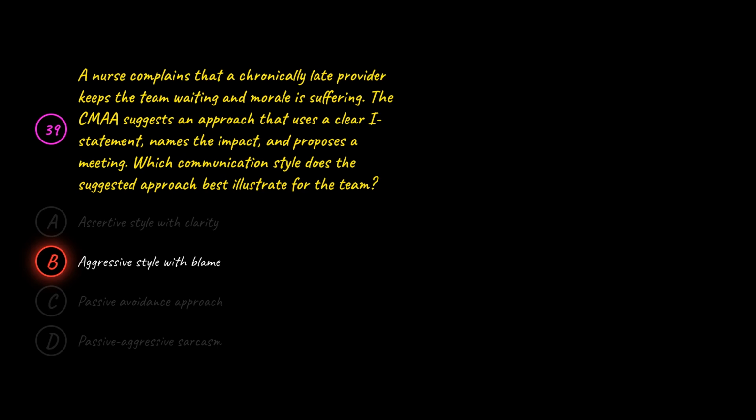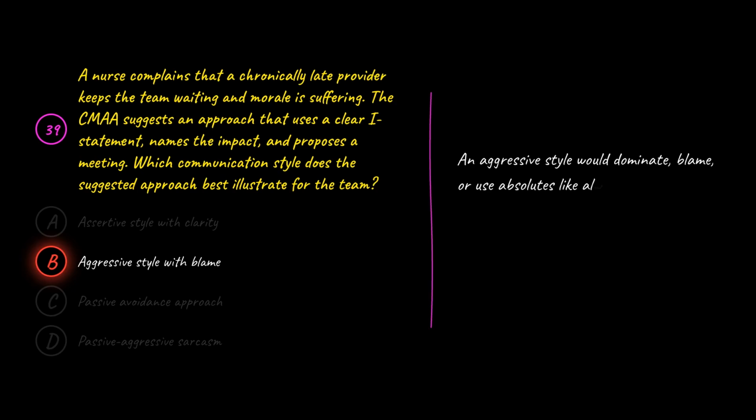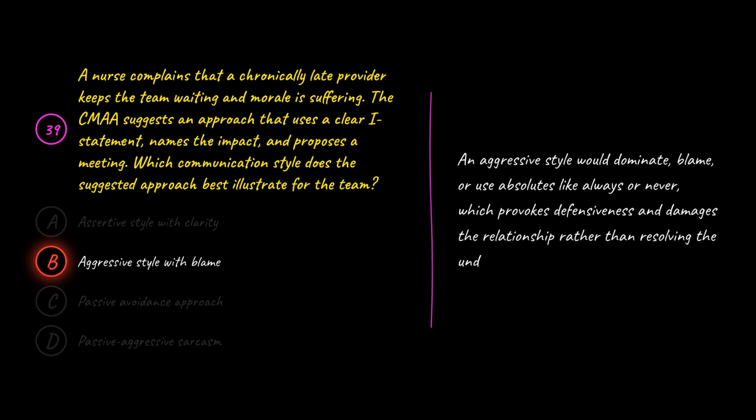B is wrong because an aggressive style would dominate, blame, or use absolutes like always or never, which provokes defensiveness and damages the relationship rather than resolving the underlying scheduling problem in a productive manner.